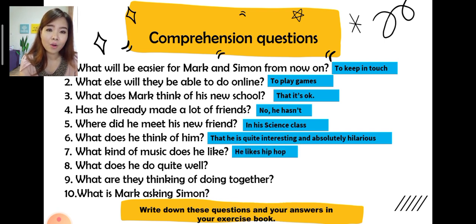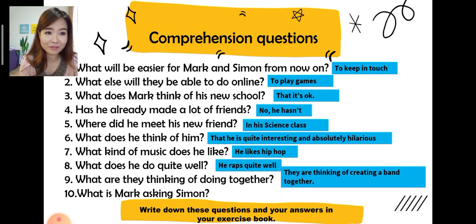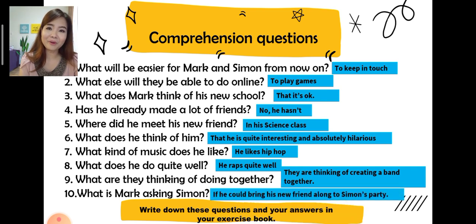Number 8, what does he do quite well? He raps quite well. Number 9, what are they thinking of doing together? They are thinking of creating a band together. Number 10, what is Mark asking Simon? Mark is asking Simon in the email if he could bring his new friend along to Simon's party.